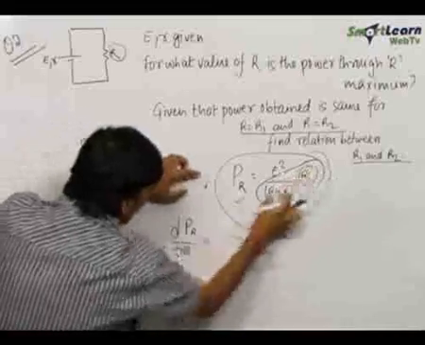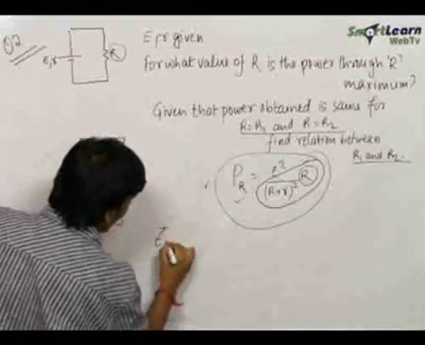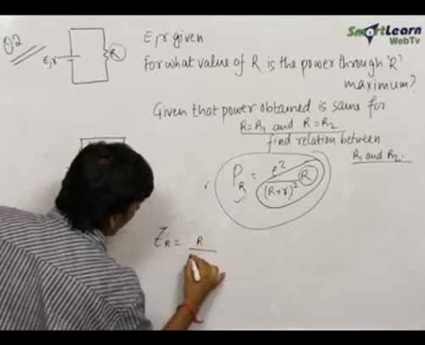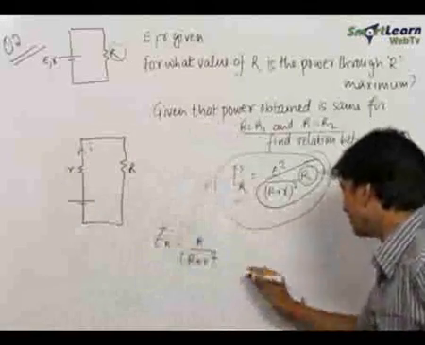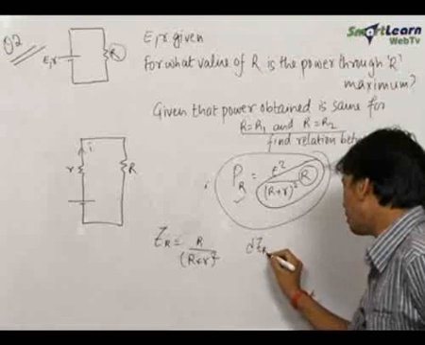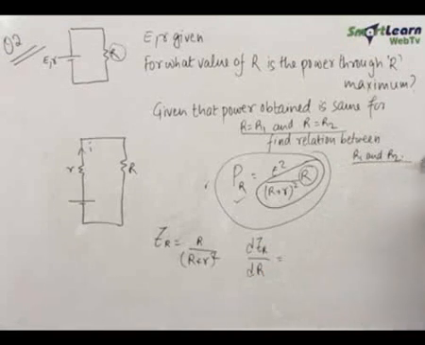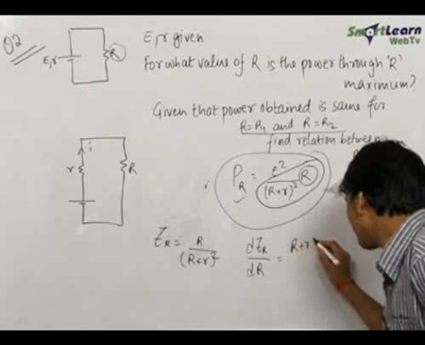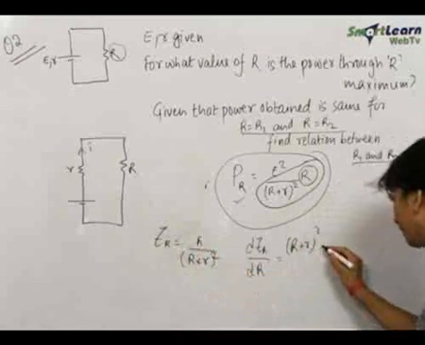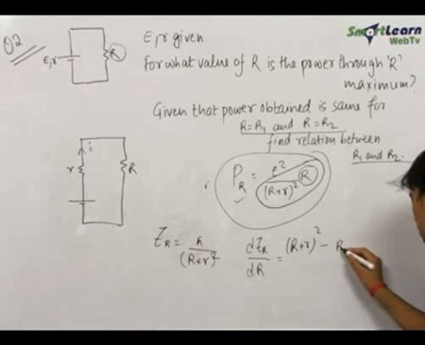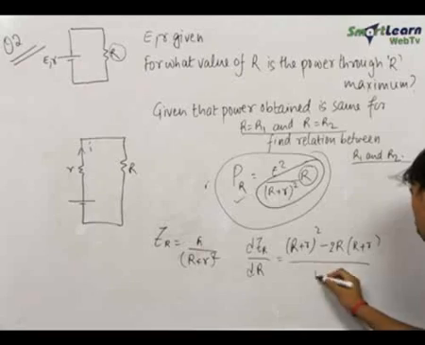Therefore just differentiating this term, let me write it as ZR is equal to R upon R plus r whole square. If we maximize this, our job is done. dZR upon dR will be equal to R plus r whole square into derivative of R with respect to R, that is equal to 1, minus R times 2 into R plus r upon some denominator.